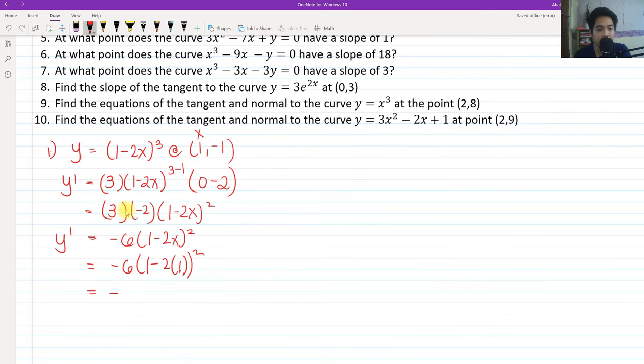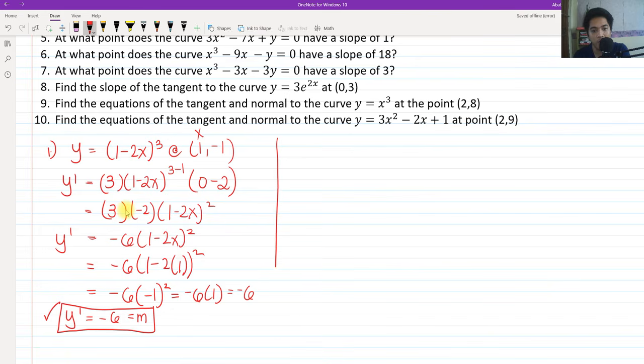We know that this would be negative 6 and 1 minus 2, times 1 is still 2. 1 minus 2 would become negative 1, but it is squared, so we have negative 6 times 1, which is negative 6. So y prime equals negative 6 is the slope that we are trying to get. We know that in analytic geometry, this m denotes slope. So that is the slope of that curve for number 1.